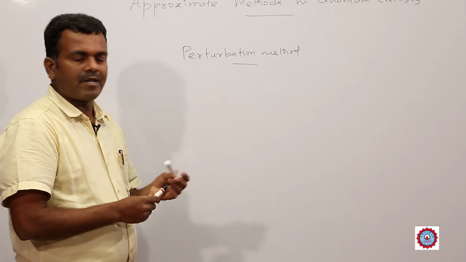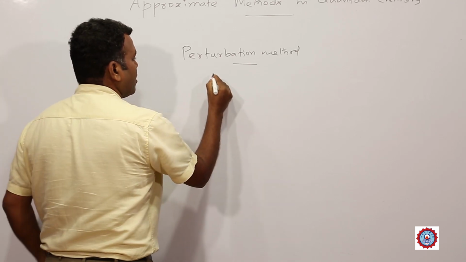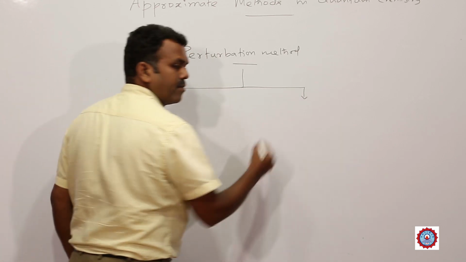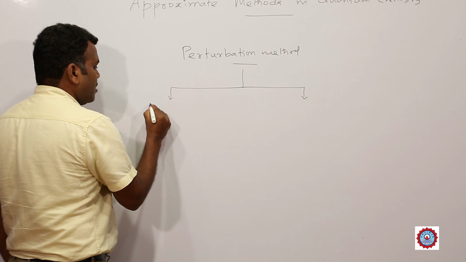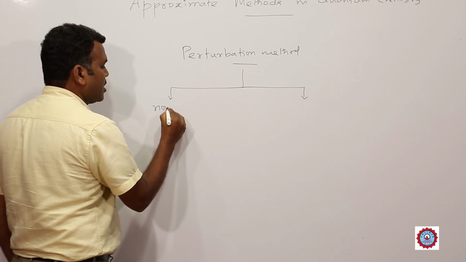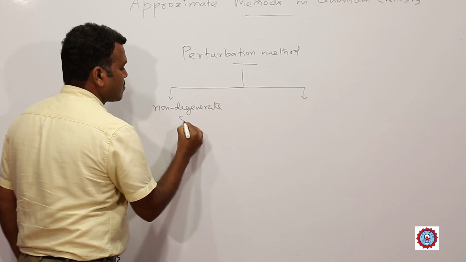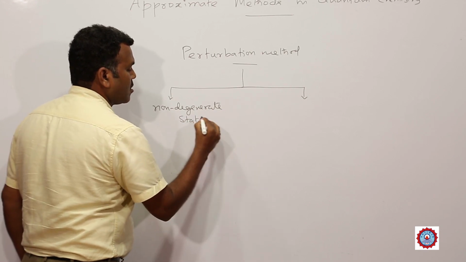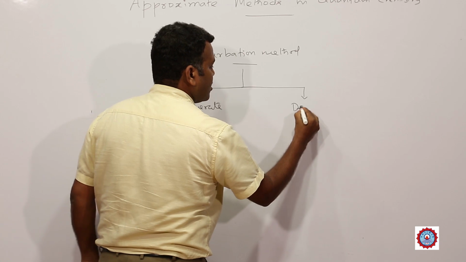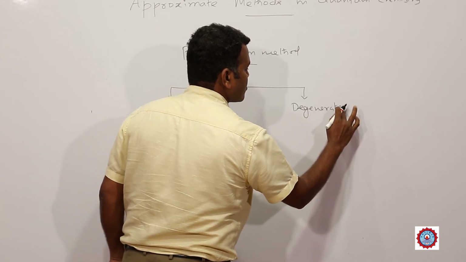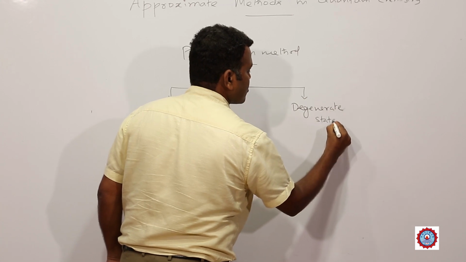In the perturbation method, we classify it into two: one is perturbation method for non-degenerate states, and the second one is perturbation method for degenerate states.